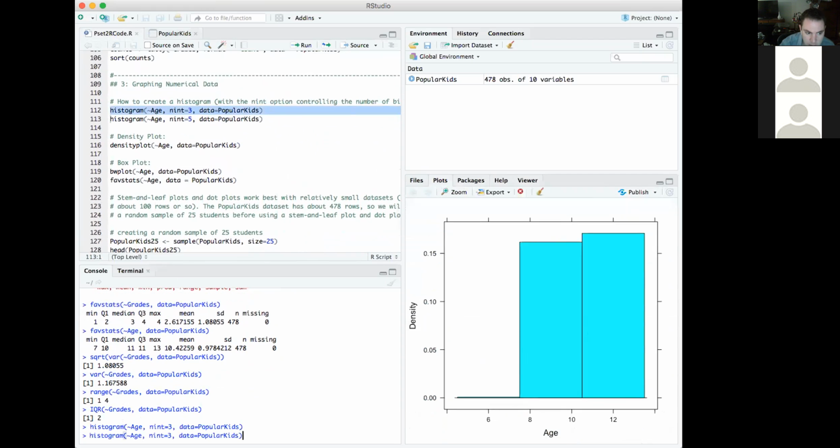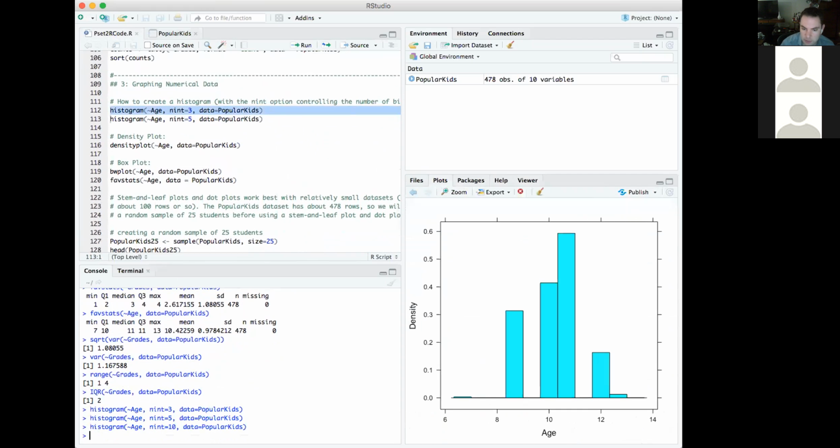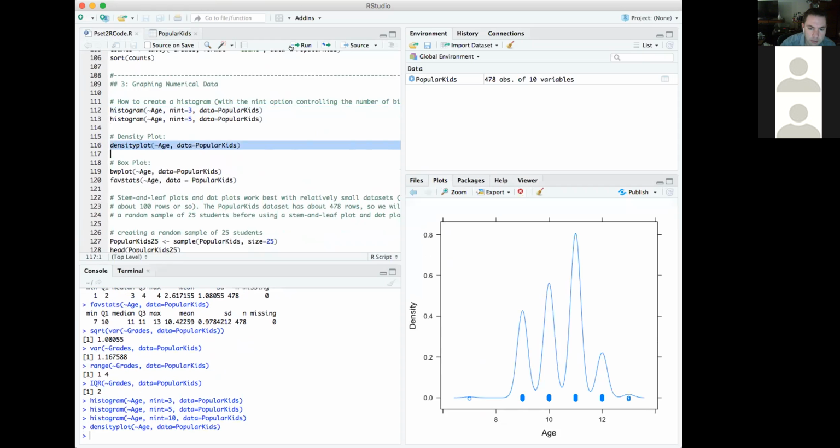So we can make a histogram with 3 bins, or we could change this 3 to a 5 and make a histogram with 5 bins, or we could change it to 10 and make a histogram with 10 bins, and we can see how that looks as we increase the number of bins here. We could also make a density plot using the density plot command. So the density plot looks like this for age.